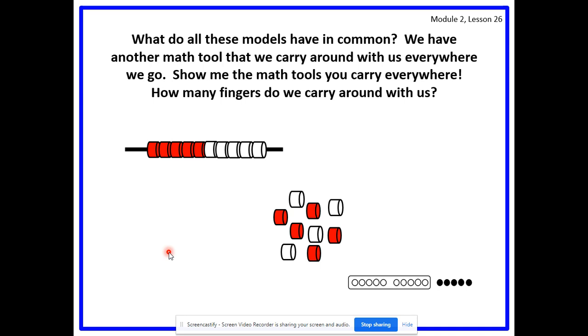Those are another important math tool that we carry around with us everywhere. And how many fingers do we carry around with us? Do you know? Get ready. Yes, 10 fingers.